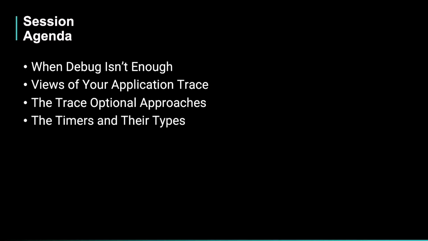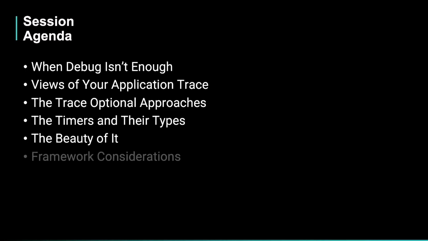And we'll talk about the 3 different timers and their types and what their features are. And the beauty of tracing, profiling your application. And then we'll talk about real-world framework considerations for reuse and enterprise implementation.